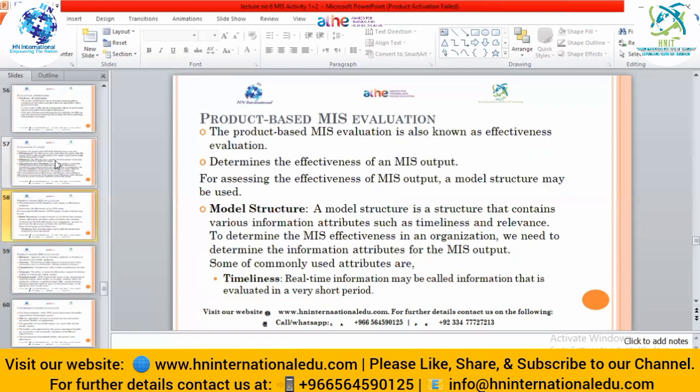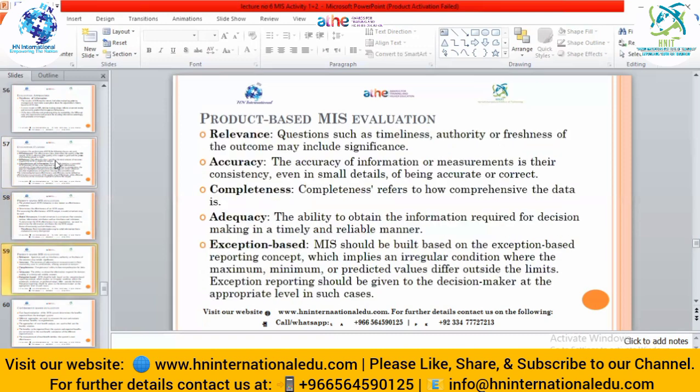So we have to discuss these things according to our product. Timeliness, like real-time information, may be called information that is evaluated in a very short period of time. Relevance, like questions such as timeliness, authority, or freshness of the outcome, may include the significance. So we have to reveal all the things whenever we need.